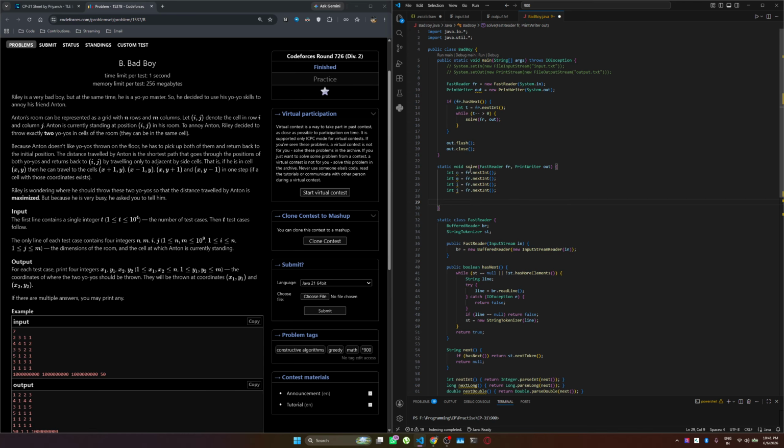Awesome. Now, what did we say? The starting position. We need to figure out if i is equal to 1 and j is equal to 1.